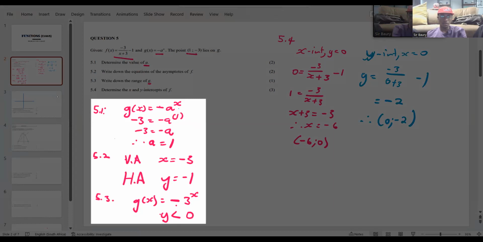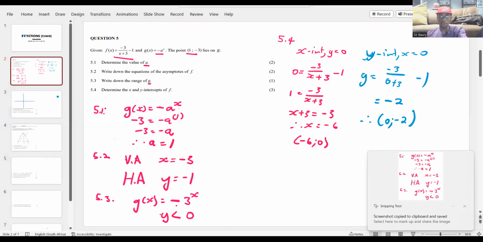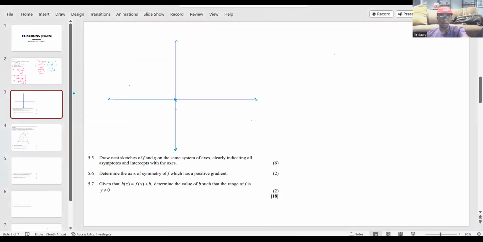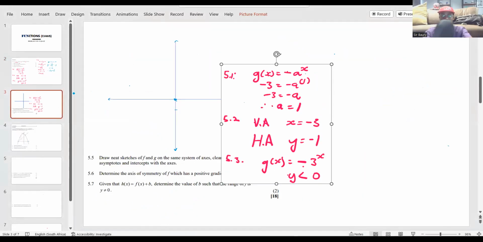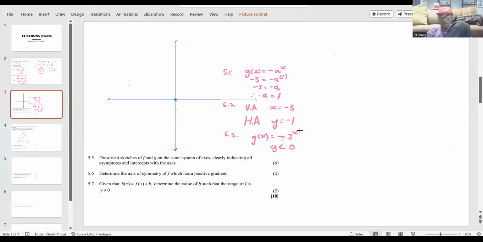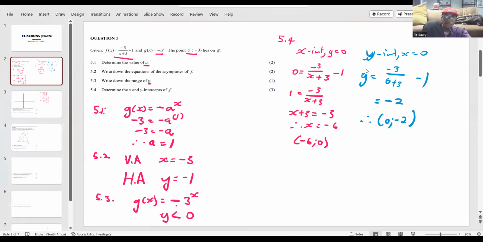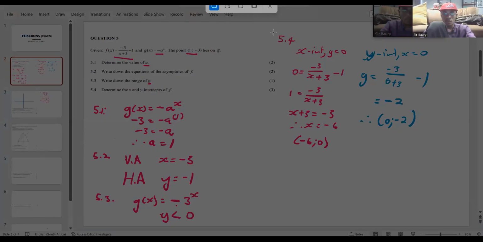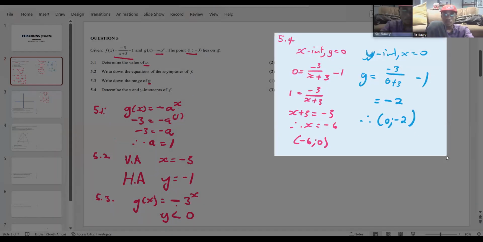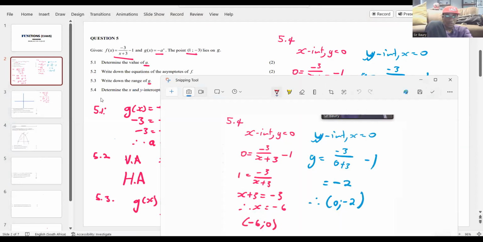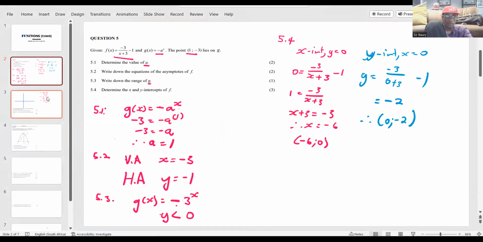So what I'm going to do, just going to have this information here because it's going to be useful. And this one too. This is useful information for me.